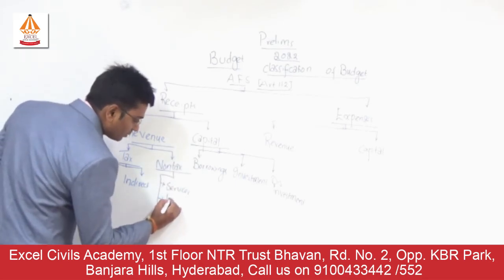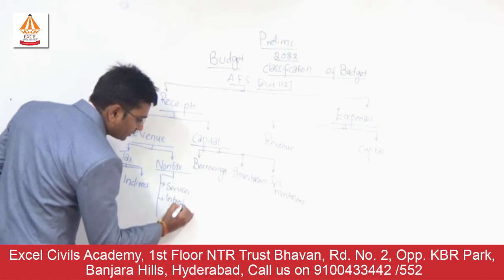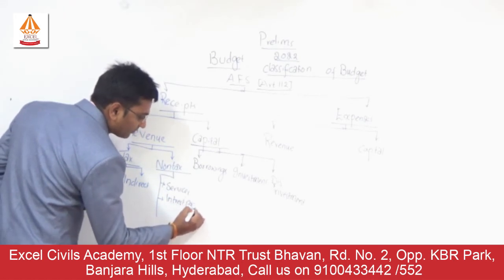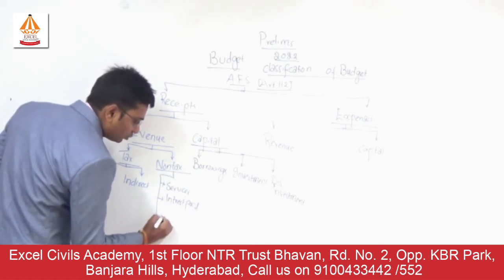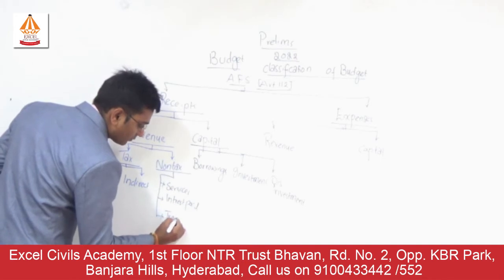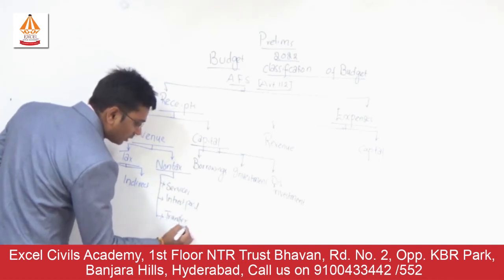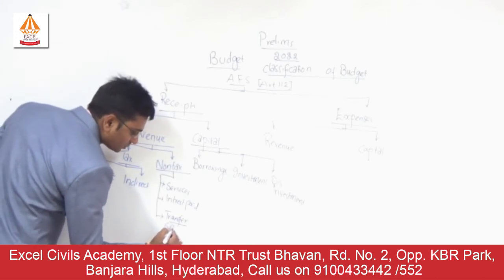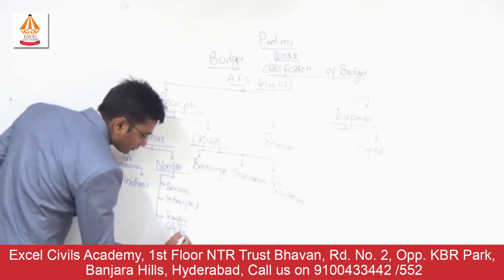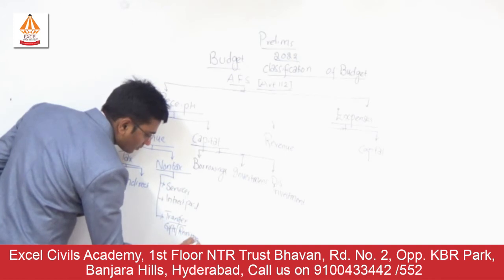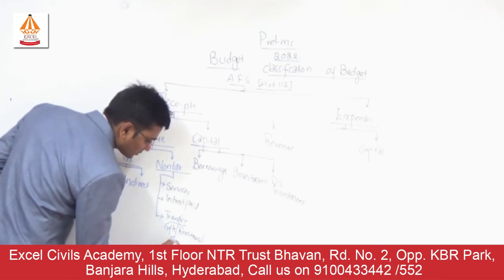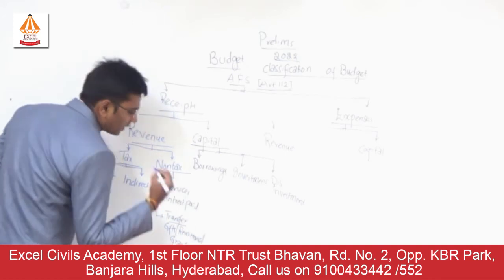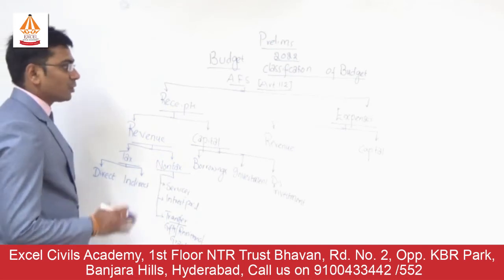You have interest received on the previous loans that the government of India has given, and then you have transfers from other governments or from people living abroad. Transfers include gifts, remittances, and also grants. This is one classification which is important from prelims.